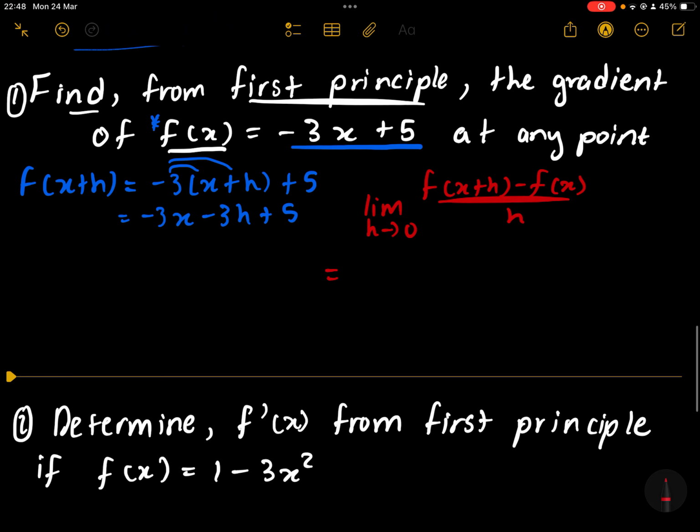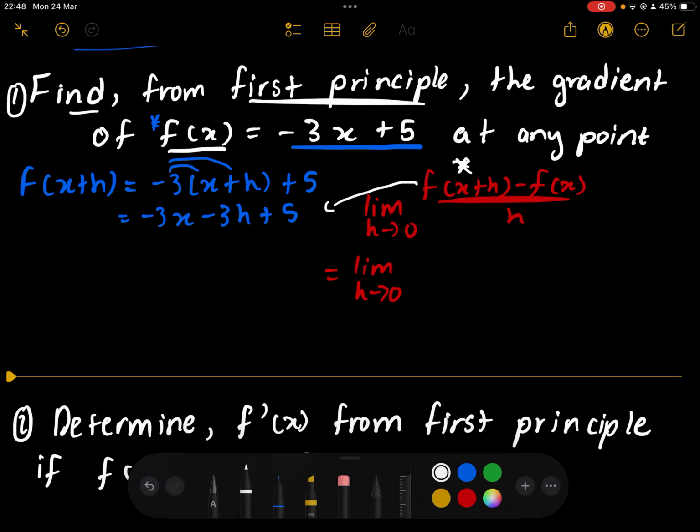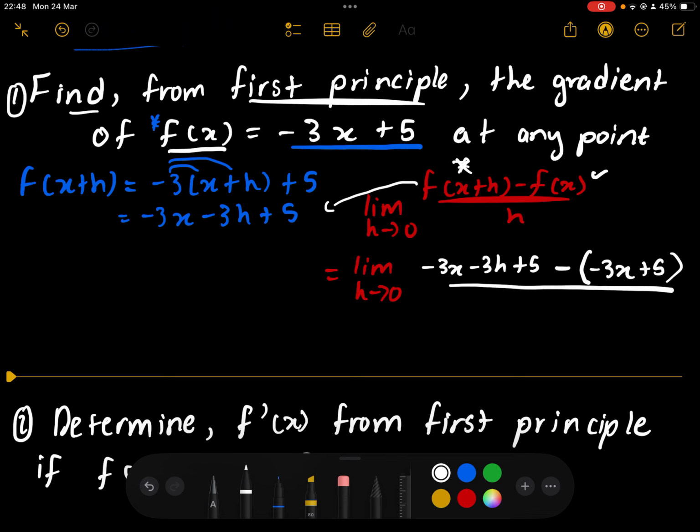Now what are you going to say? Limit h tends to 0, and then putting in the f(x plus h), the one that you just wrote down. So you're going to say negative 3x minus 3h plus 5, that's the f(x plus h), minus brackets. I'm putting in the f(x) now, which is negative 3x plus 5, all over h.